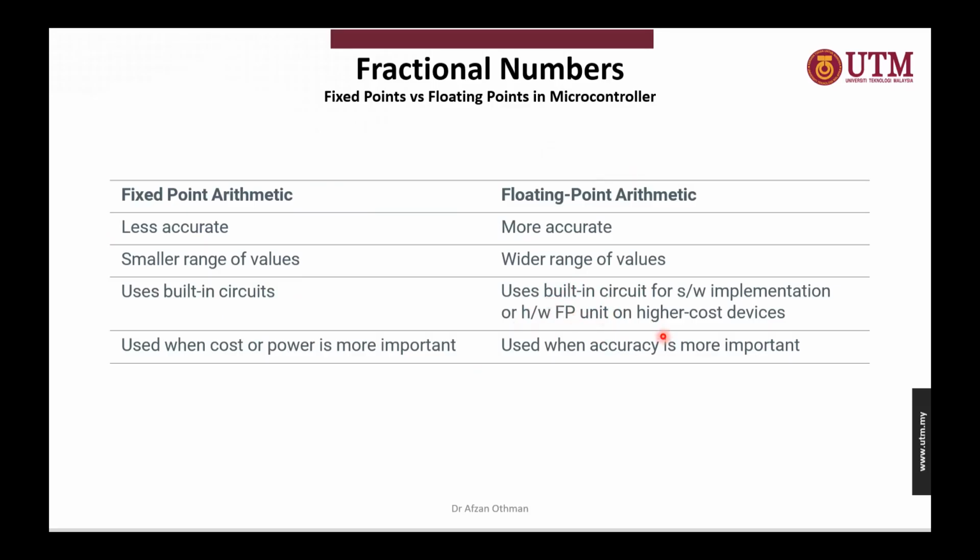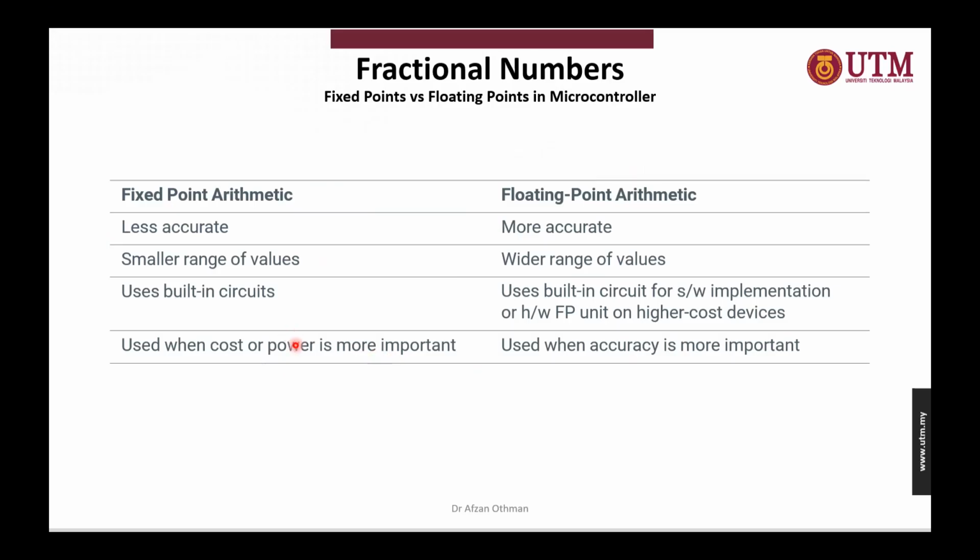If you use the floating point unit, it means the cost of your hardware will be much more expensive, because we have an external circuit here. And when are we going to use a fixed point, and when are we going to use a floating point? The fixed point is used when the cost or power is more important.